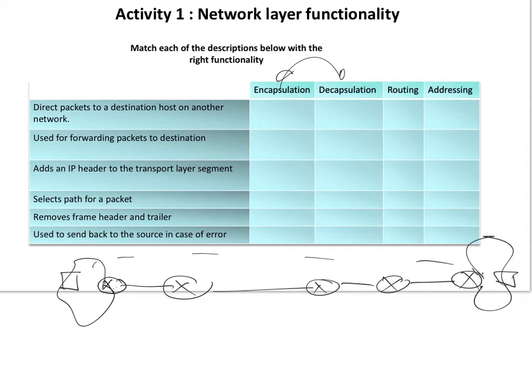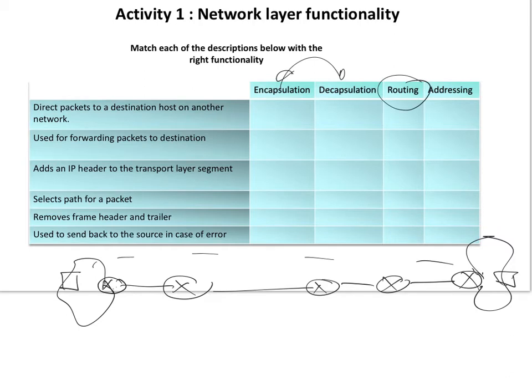However, just the fact that we know the location doesn't mean that we know how to get there, right? You know where Qatar University is, but when you get out of your house, you have to take a certain path in order to reach your final destination. That's what we mean by routing.